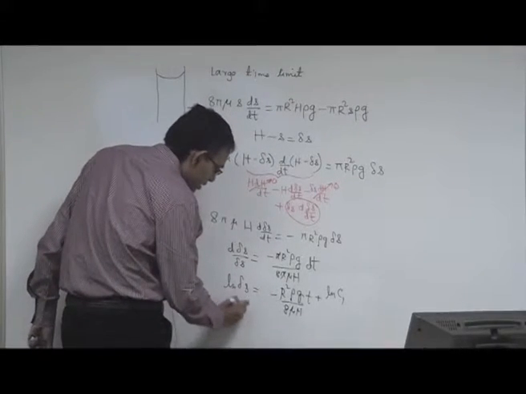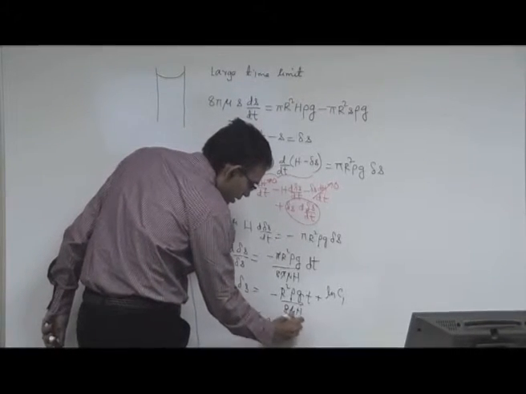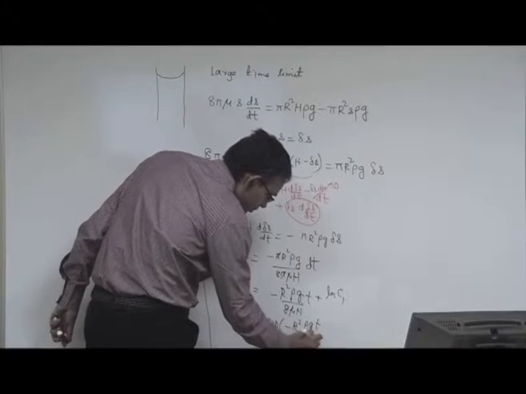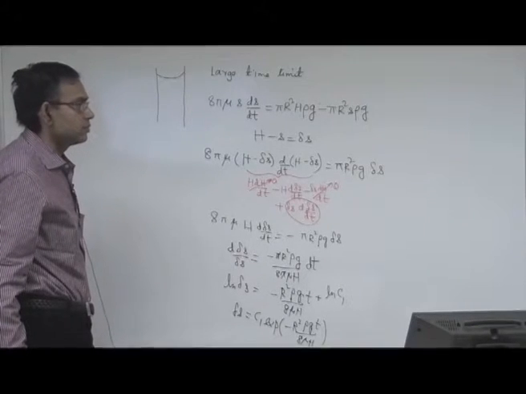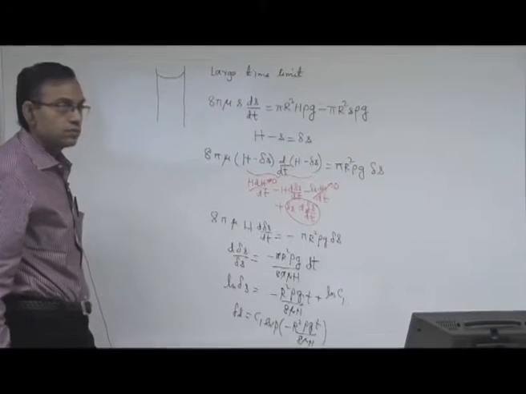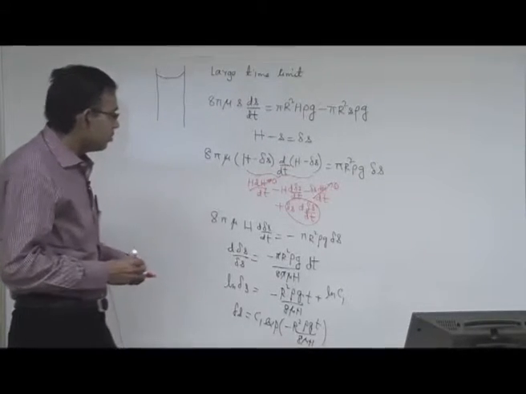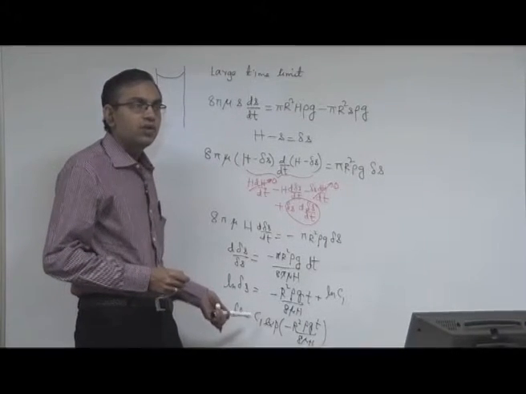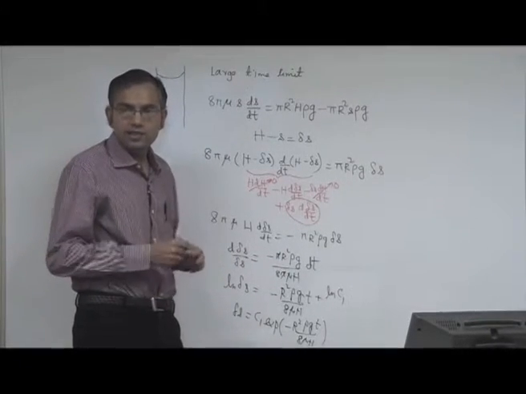So delta S is equal to c1 into e to the power minus r square rho g t by 8 mu H. That means we can get an expression, because once you know delta S you can find out H minus delta S, that is equal to S.